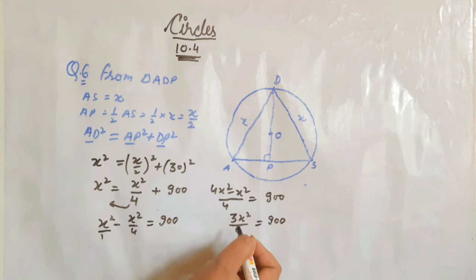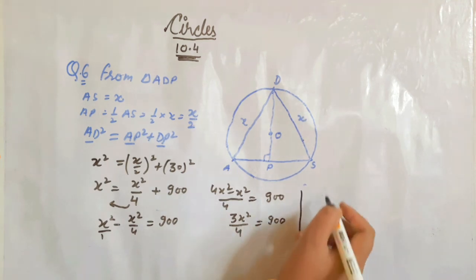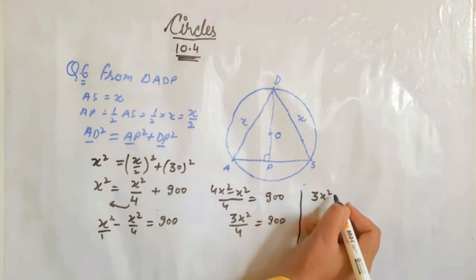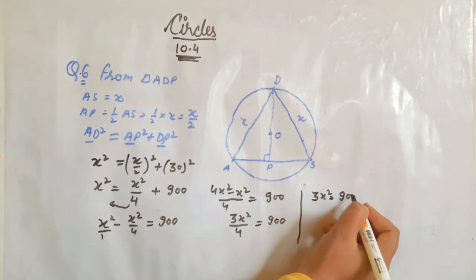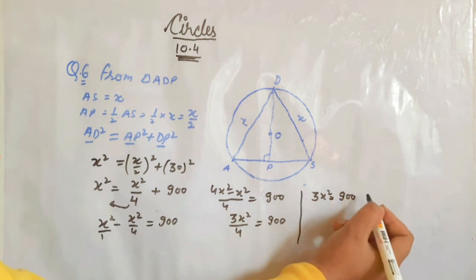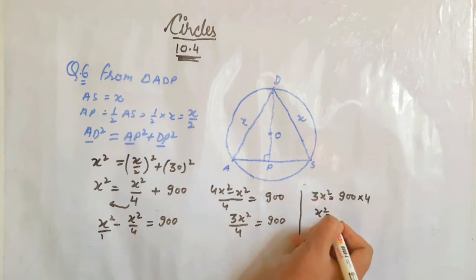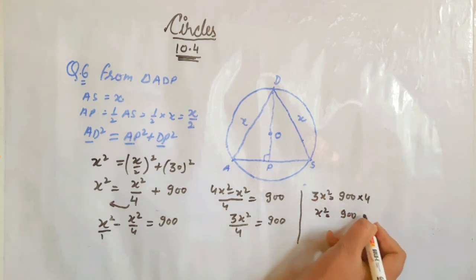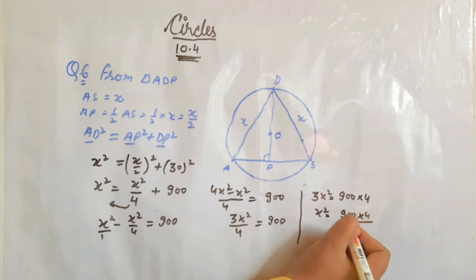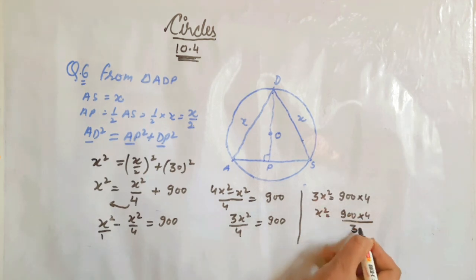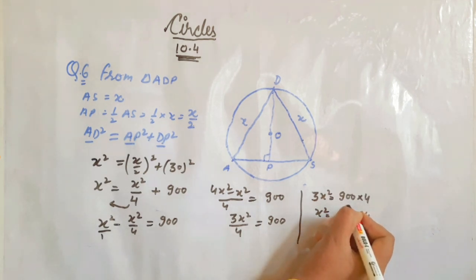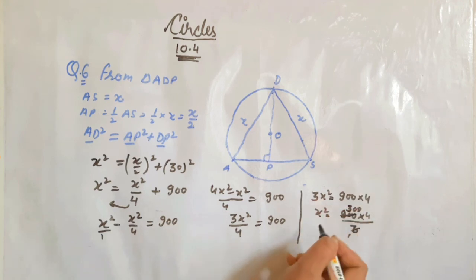Now take 4 to the right side. 3X square will be 900 into 4, and X square will be equal to 900 into 4 upon 3. So 3 ones are 3, 3 threes are 9 and 4 threes are 12.